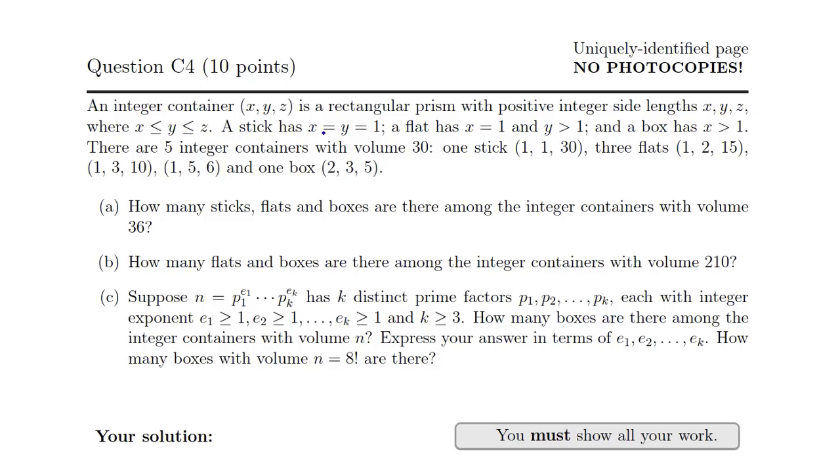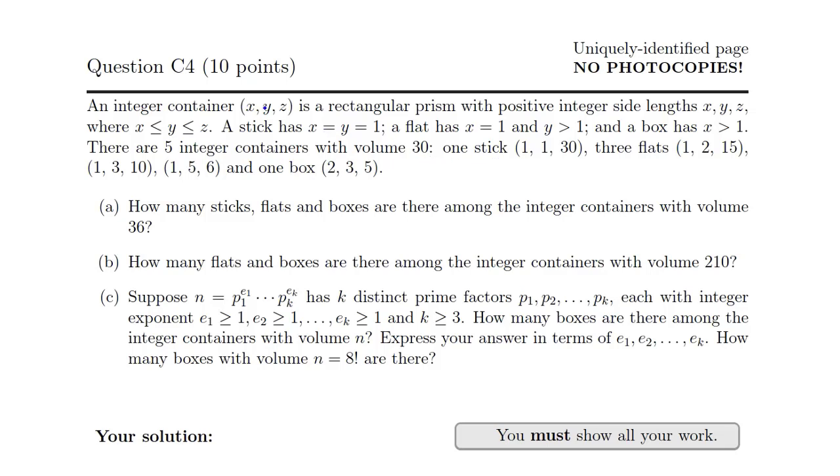A stick has x equals y equals 1, a flat has x equals 1 and y greater than 1, and a box has x greater than 1. There are 5 integer containers with volume 30.